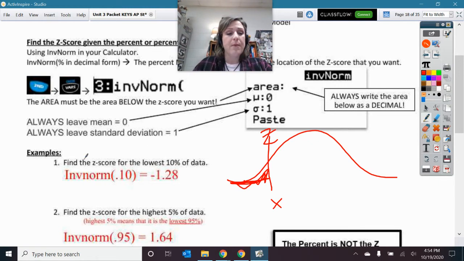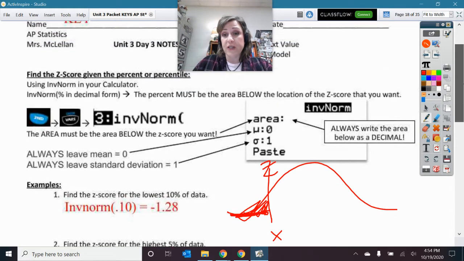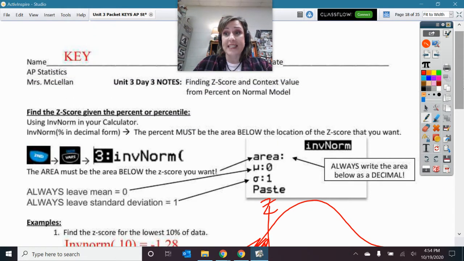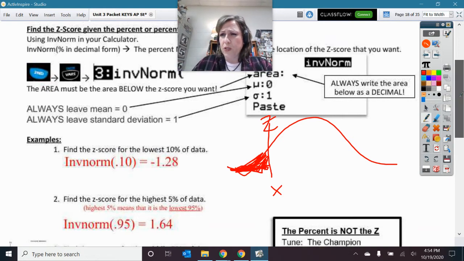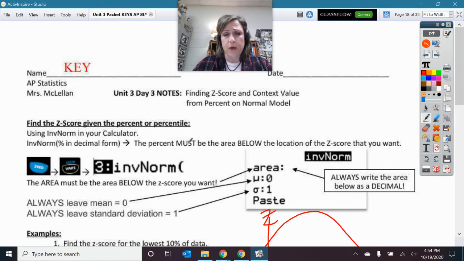We'll learn that today. But anyway, the calculator will only calculate areas below a certain point. So when we go into our calculator, instead of norm CDF, which gives us a percent, inverse norm is the backwards of that. You tell me a percent and I'll give you a z-score.